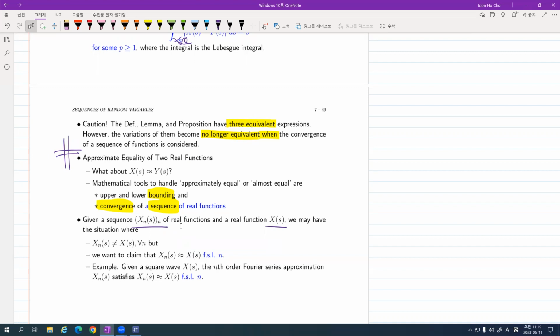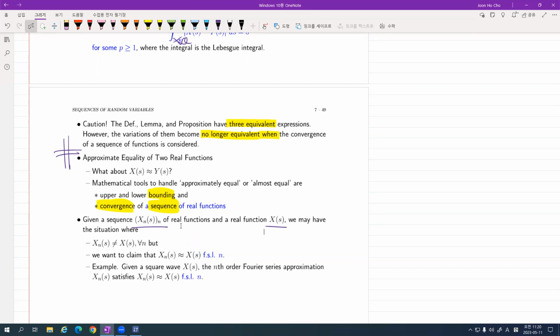So we introduce different definitions for this kind of situation. And as I told you last time, you have already been exposed to this situation when you took the signals and systems course in your undergraduate program.